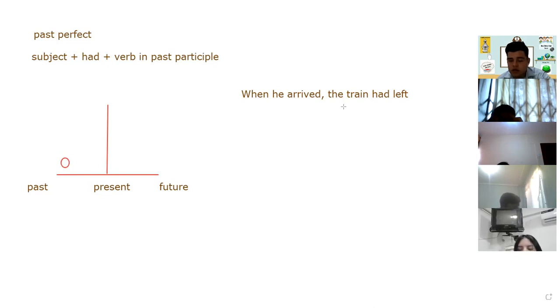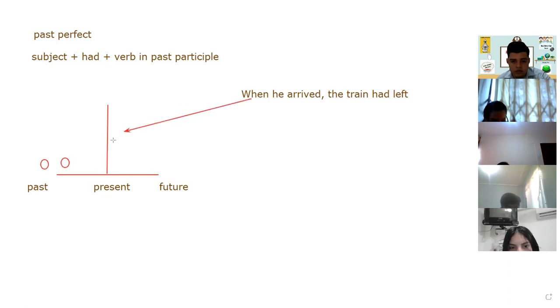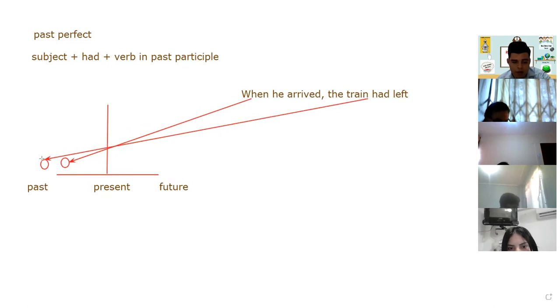But this one, the train had left, happened before this action. So this one is over here, and this one happened before he arrived. So we use past perfect to talk about actions that happen before another action in the past.